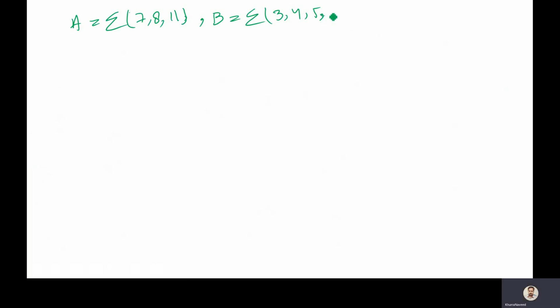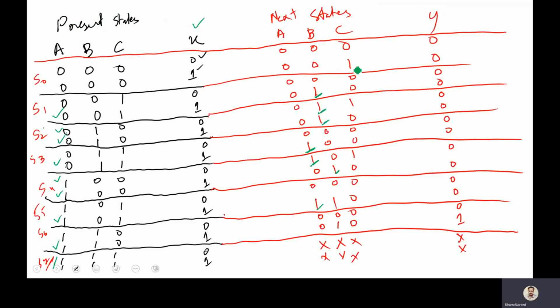I was checking just to make sure we don't make a mistake. 9, 11 and 13. And in case of C, we have this Boolean expression, that is, it has minterm 1, minterm 4, minterm 8.